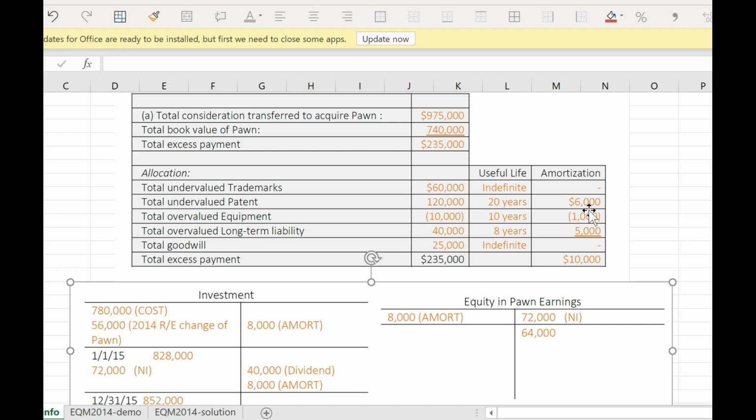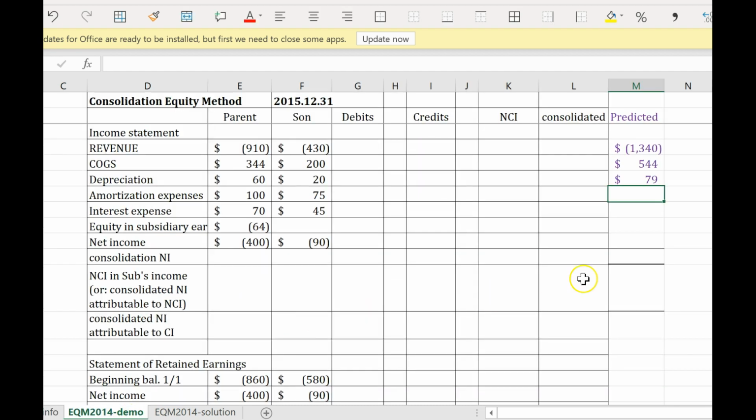So they took too little amortization expense compared to the fair value of the patent. So we need to add to their expense because they take too little expense. So it is the parent plus the subsidiary plus the 6,000 amortization for the amortization expense.